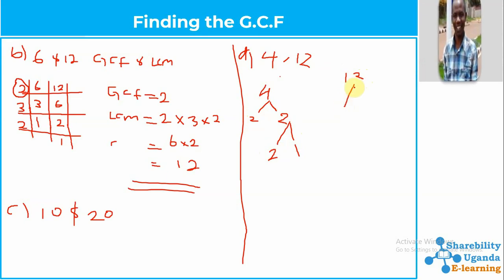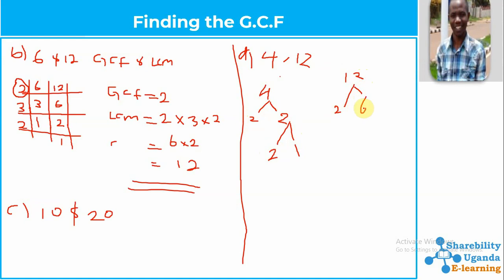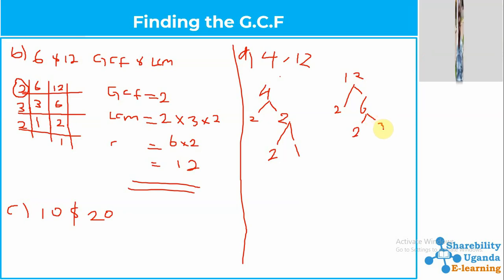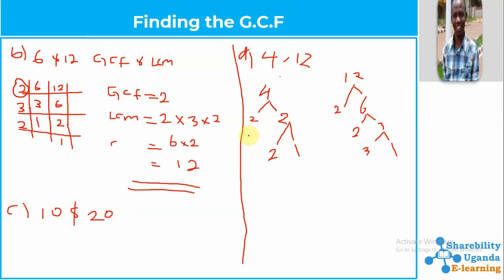We also divide it by 2. Here we get a 6. We also divide our 6 by 2. We get 3. We also divide our 3 by 3. We get 1.